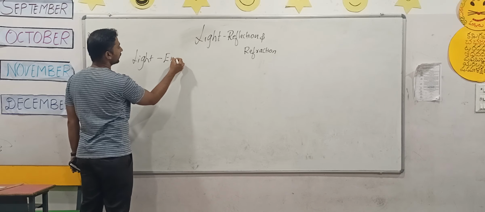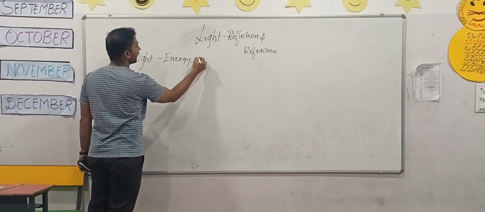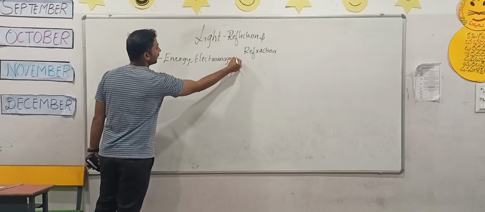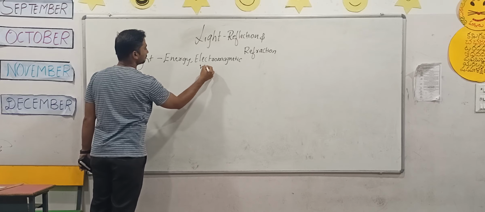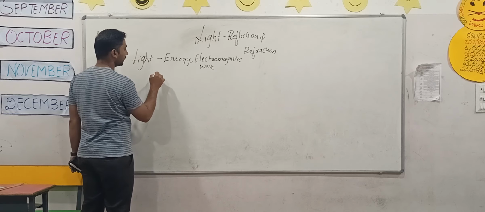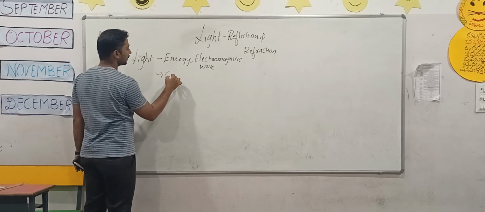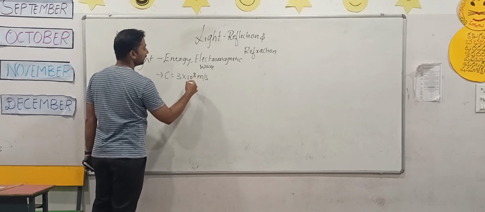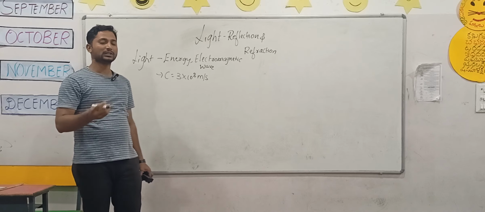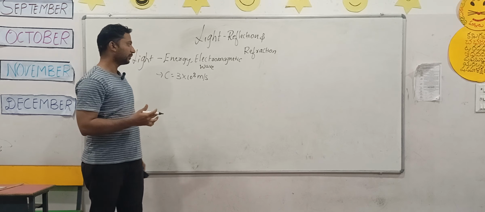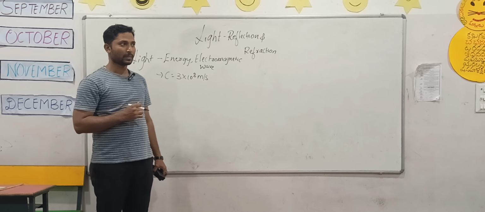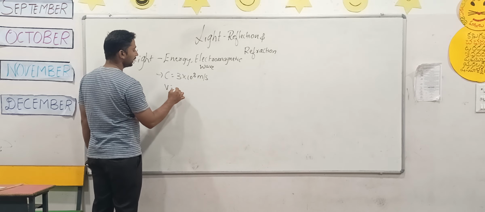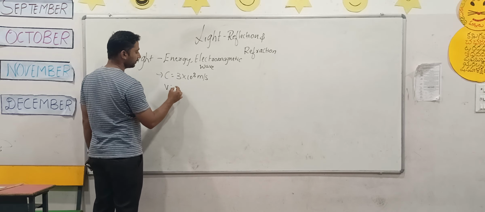Light is a type of energy and it's an electromagnetic wave, which has a speed nearly equal to 3 into 10 raised to power 8 meter per second in vacuum. In air it varies, like 2.9, and in different mediums it has different speeds. Light speed in different mediums differs.